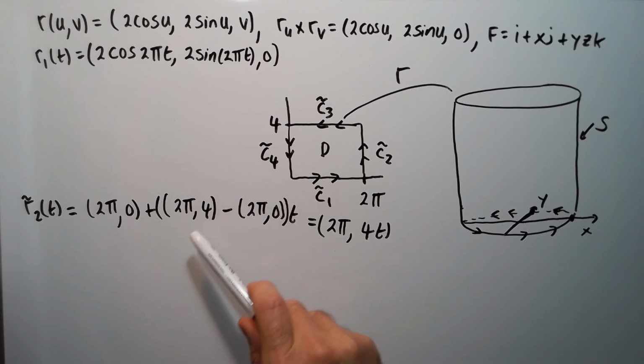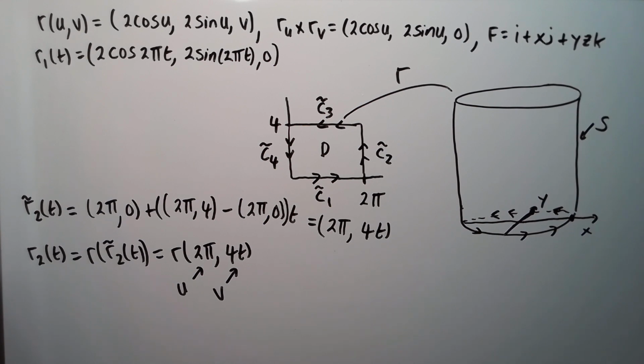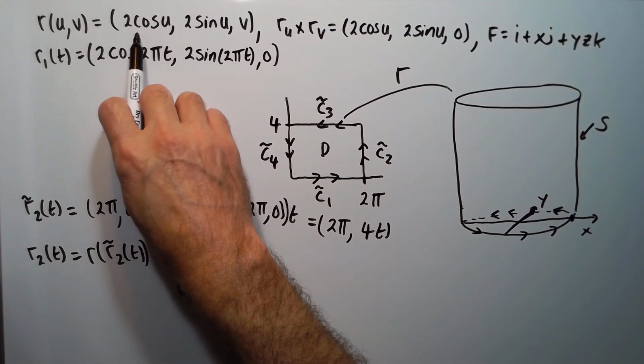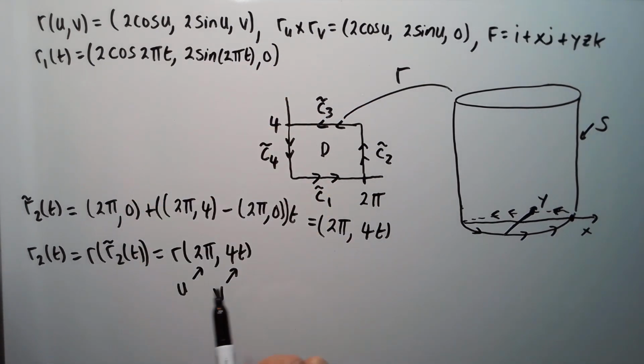Okay, now let's map it under R and call it R2. So we'll get this then. So R2 is defined to be R of R2 tilde, which would be R of (2 pi, 4t) from up here. So I'm going to put 2 pi in place of u, 4t in place of v in my R up here. So let me do that.